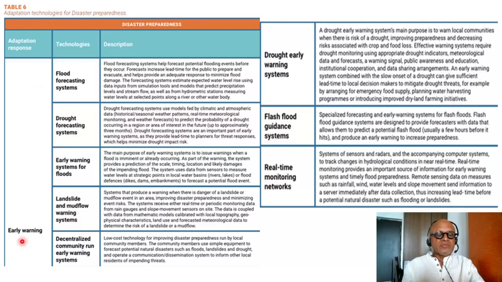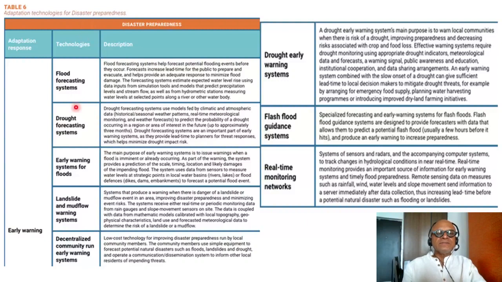So adaptation response in terms of early warning is always critical for disaster preparedness, which we have looked at in several podcasts, several courses, and there is a full course on subseasonal to seasonal forecasting for water, health, energy, agriculture, etc. on my channel as well.